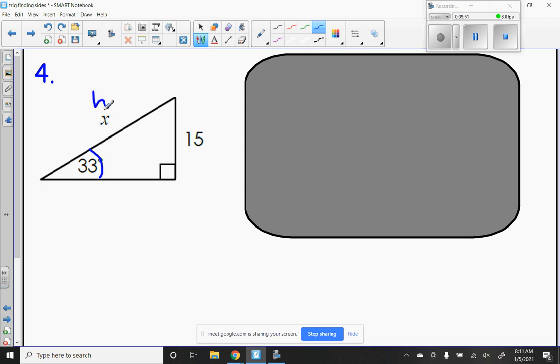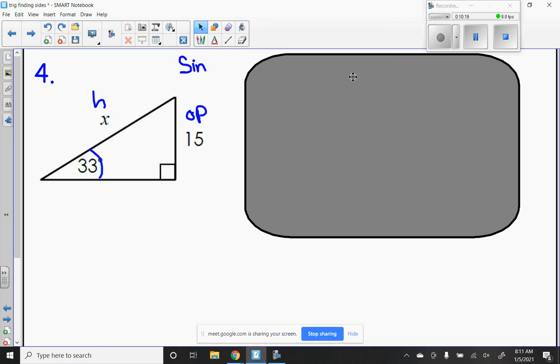Well, here's the easy part. There's your hypo. I think the opposite can be found pretty easy if you imagine a straight line straight out the middle of that angle. That's opposite. Okay, opposite and hypo is sine.